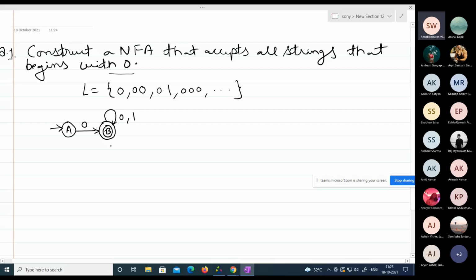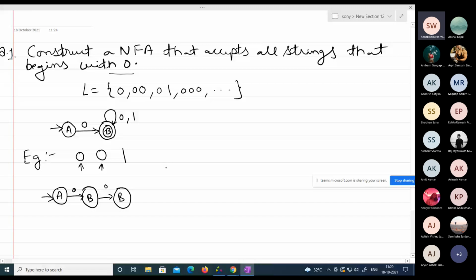Now let us take an example. We have to check whether it is working or not. For example, 0, 0, 1. Tell me whether it is accepted or not. Initially I'm in my initial state A. On getting 0, I go to my next state B. Then on getting my next input 0, I stay in B itself.